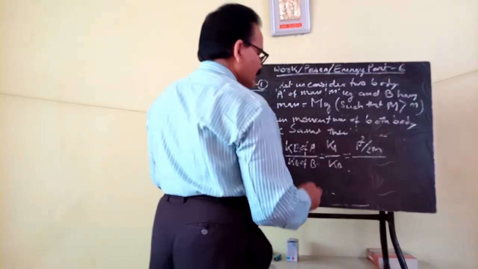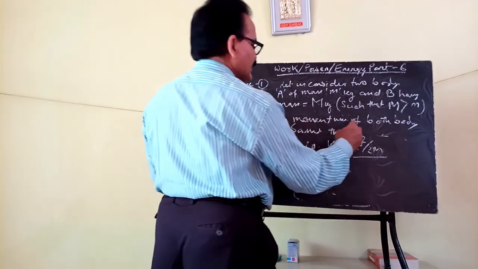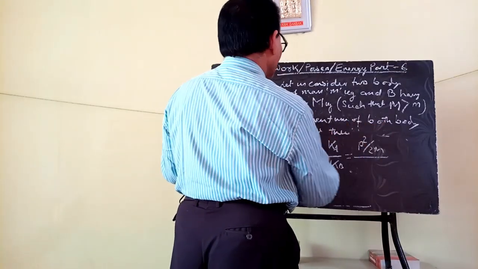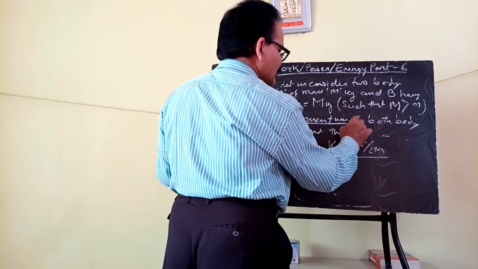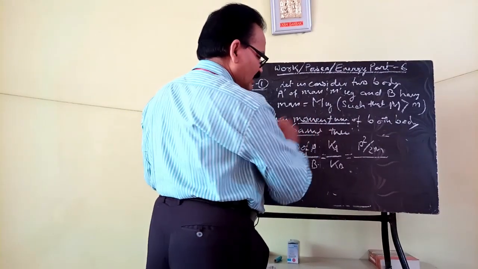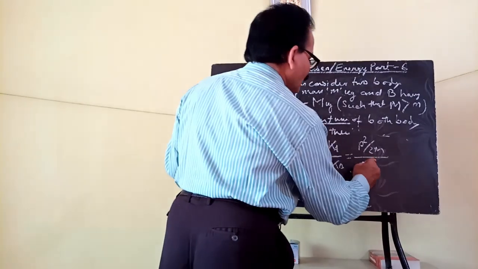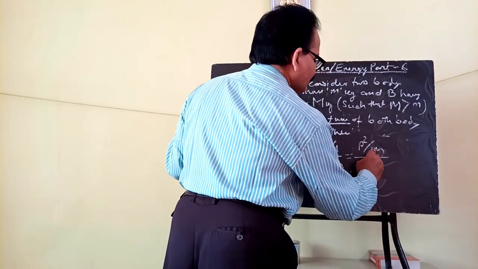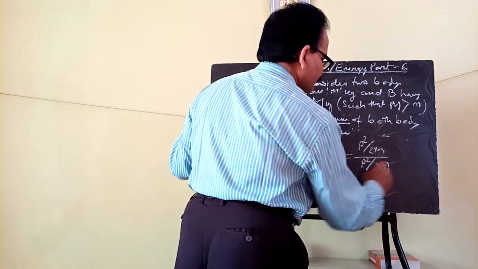Because both have the same momentum, the momentum of A is P and the momentum of B is also P, and the mass of B is big M.